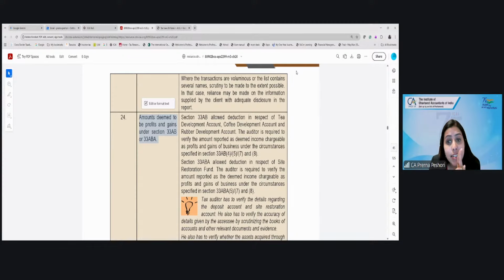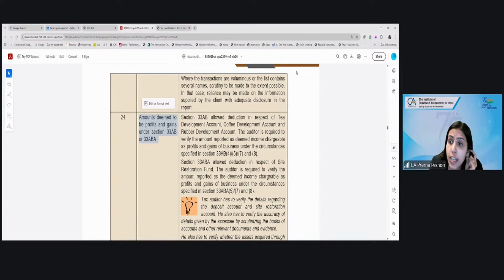Then it will be considered as your income. Yes or no? Or where the asset is sold or transferred before the expiry of 8 years from which it was acquired, then also it is considered to be your income.